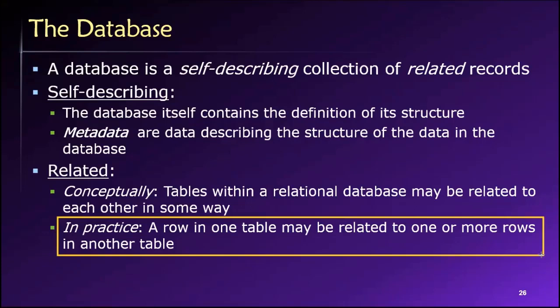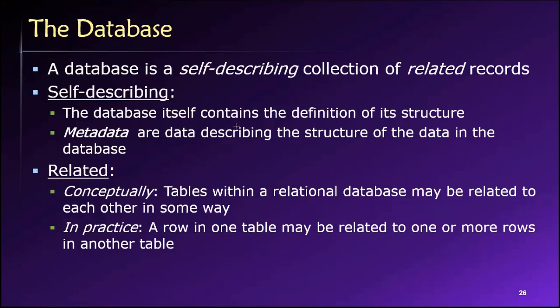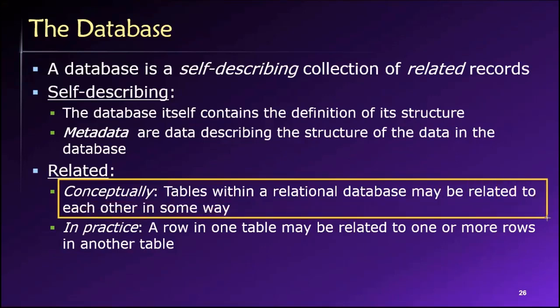That gives us a place to store the ID of the department in which each employee works. Then if we wanted to know what department this employee works in, all we have to do is look at that employee's department ID and then look in the department table for the matching department ID, which would be a row in that table. So conceptually, we talk about tables being related to each other: a department can have many employees, a customer can place many orders, a product can have many suppliers.